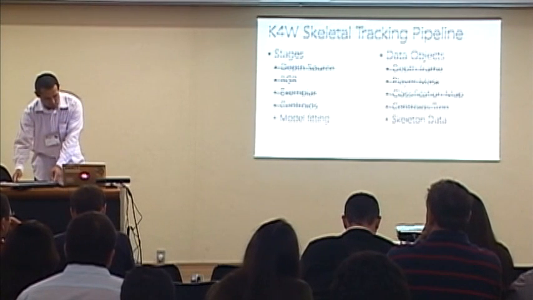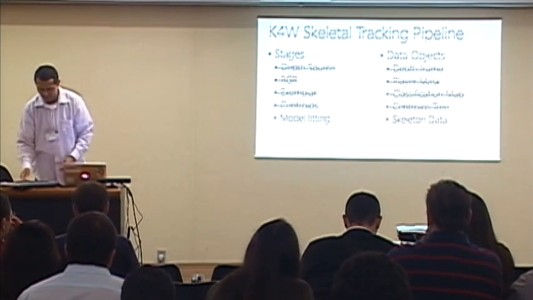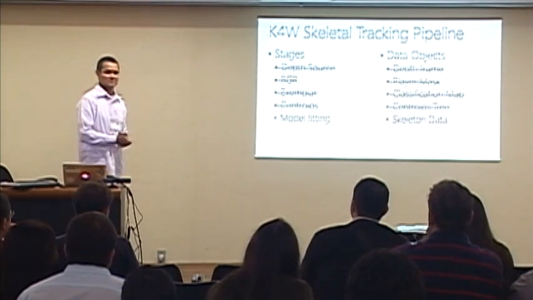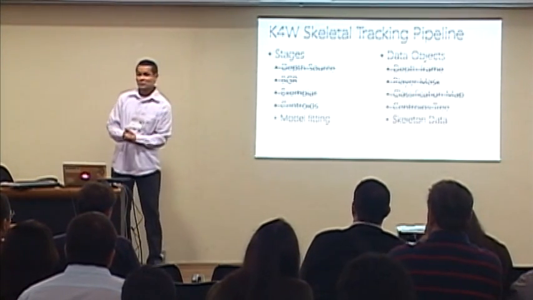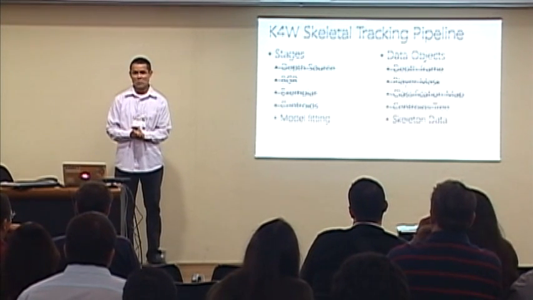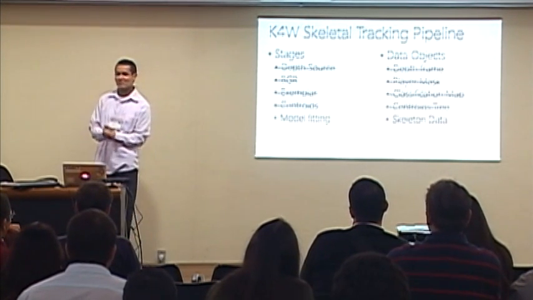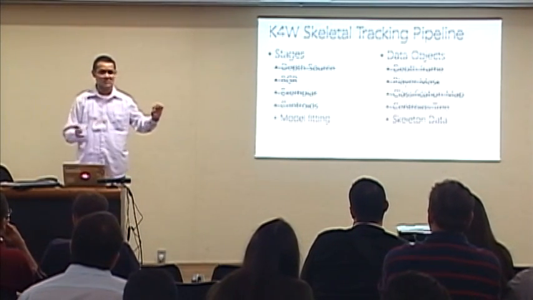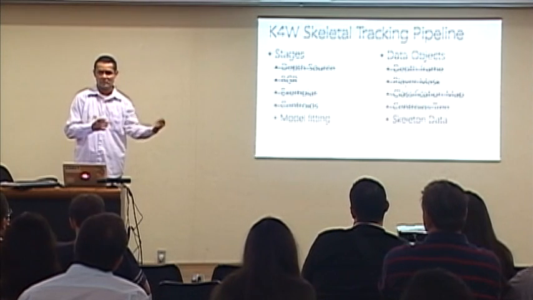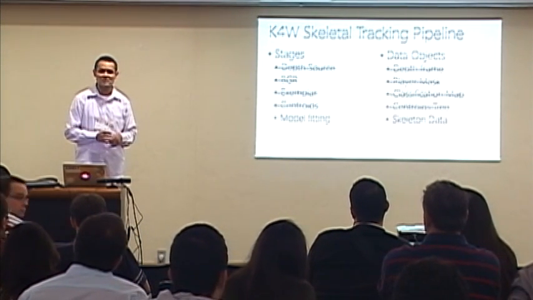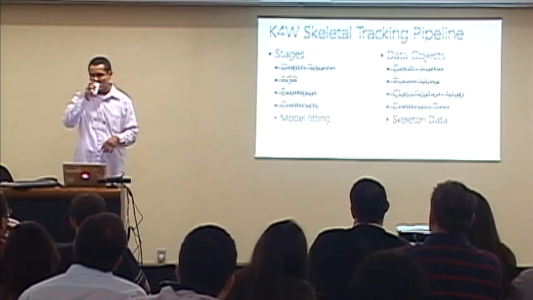Any questions so far? You still don't have the skeleton data. Why don't you have the skeleton data? Even though you classified everything, even though you can easily have the center of gravity for a region, why is it that I cannot give you this as skeleton data?